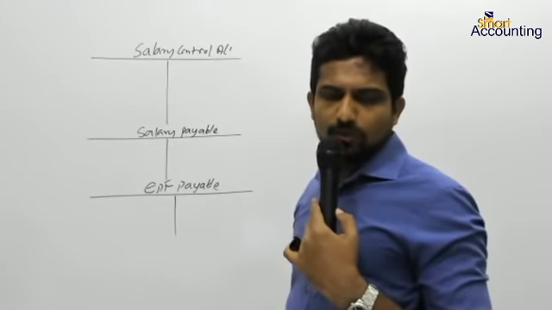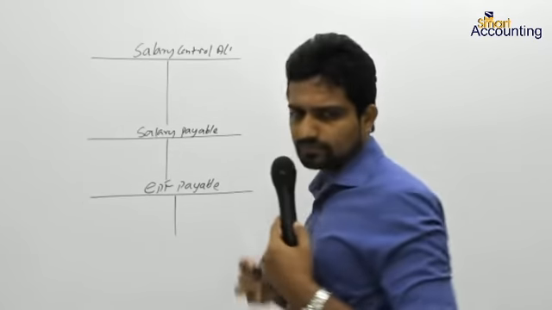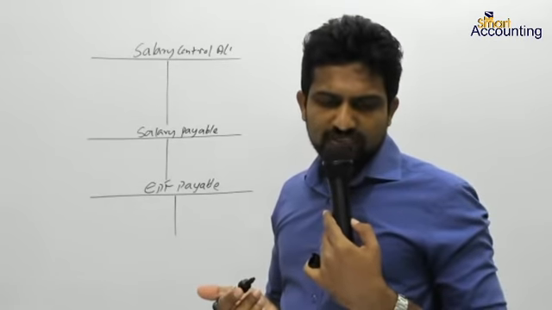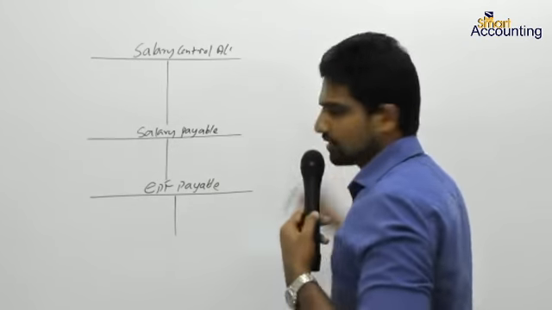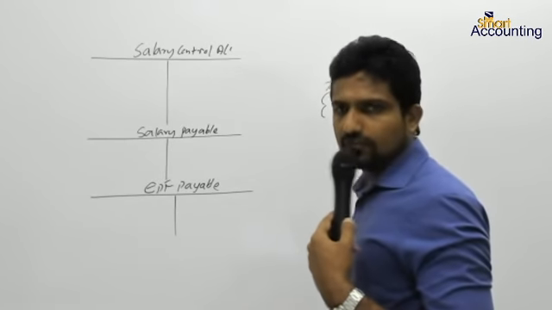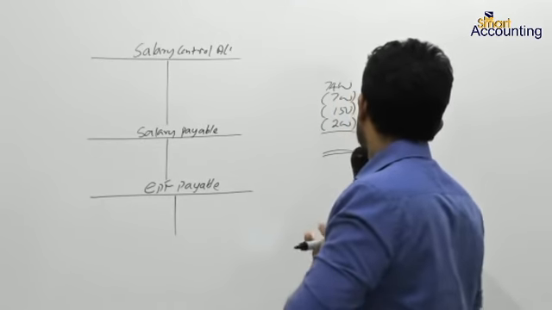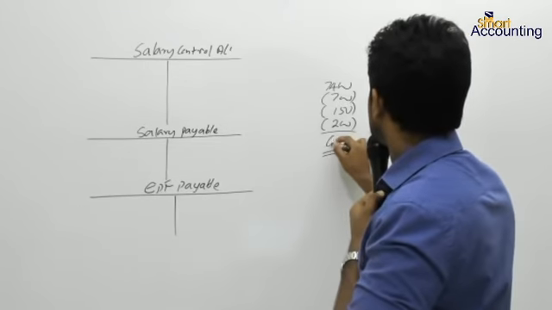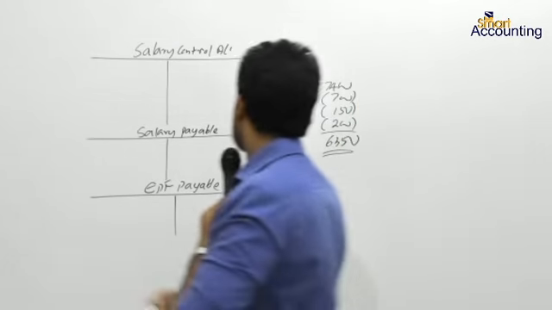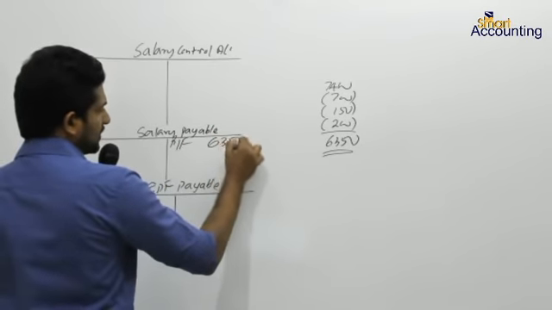That minus employee's contribution 700, minus membership fees for the trade union 150, recovery of the staff loan 200. This is the net salary of the last month, that is 6,350. In the salary payable, the opening balance should be 6,350.